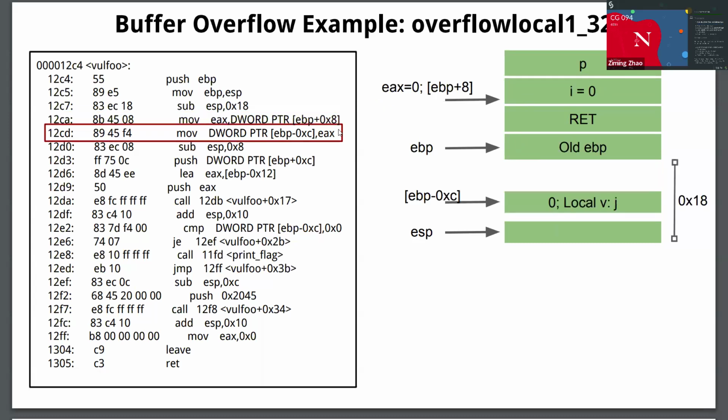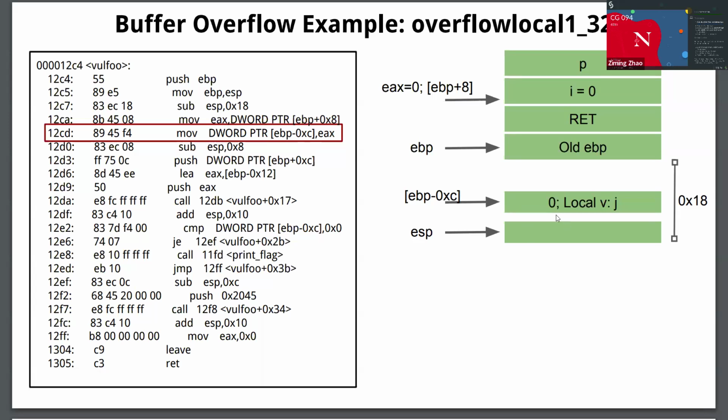Then we move EAX to EBP minus C. Why are we doing that? If we are assigning J, exactly. The EBP minus C is our local variable J. And we're assigning I's value to J. So by looking at this instruction, you figure out J is at this address, EBP minus C. We already said that ESP is basically EBP minus 18 in hex.